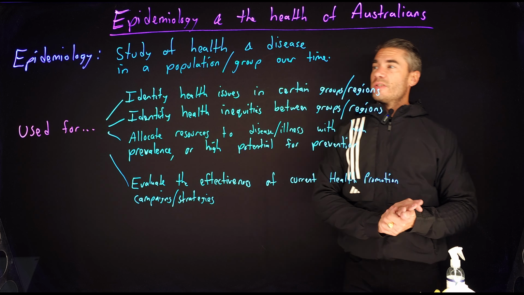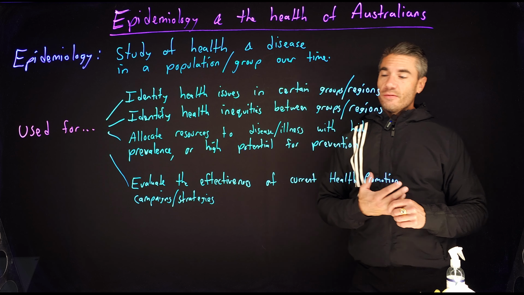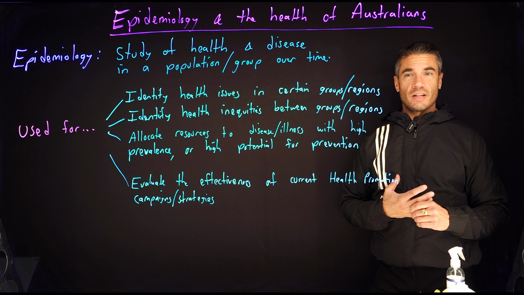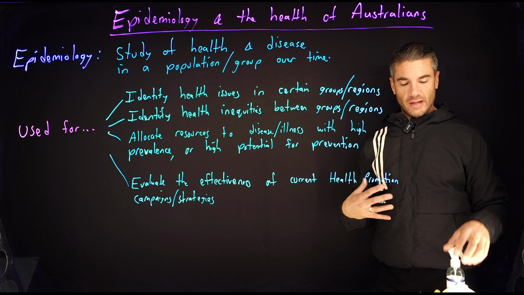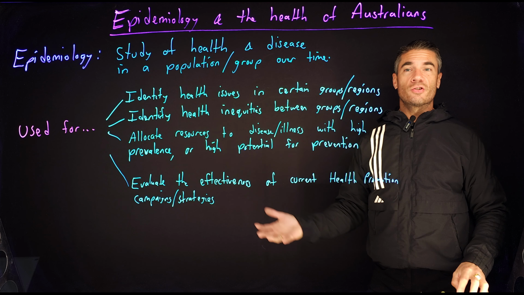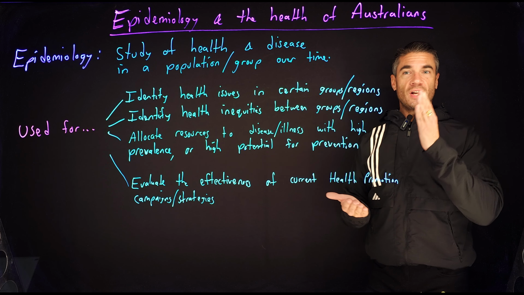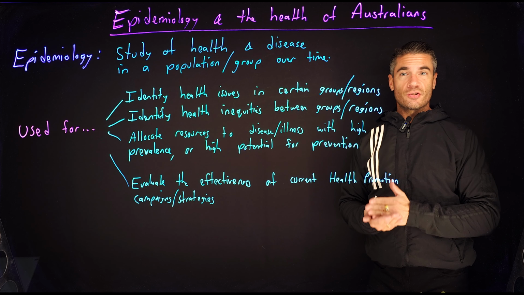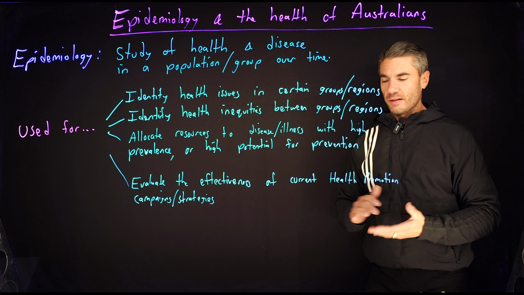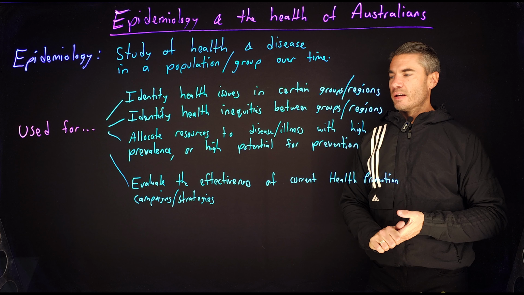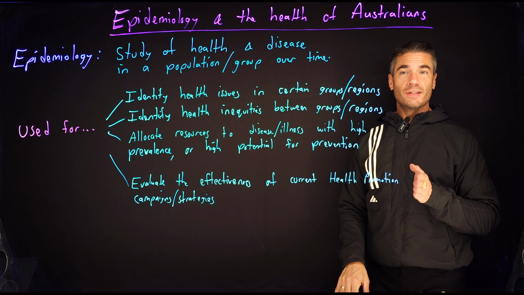We can also use epidemiology data to evaluate the effectiveness of current health promotion campaigns and strategies. So for example, if we're running a tobacco strategy or a vaping strategy, obviously data isn't going to show up immediately from that strategy. So let's say you started an anti-vaping campaign on the 1st of January this year.